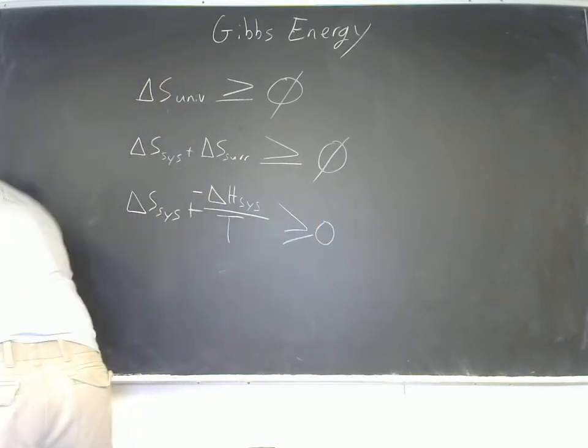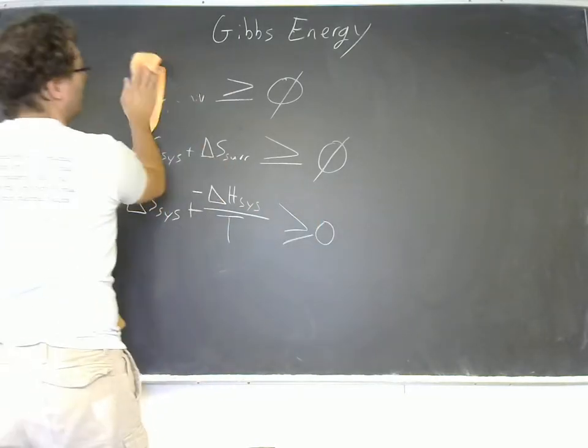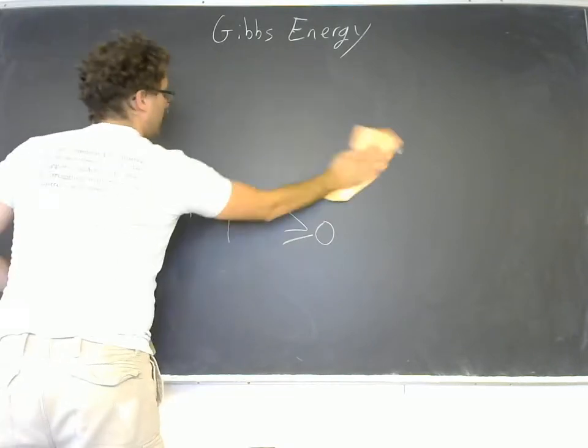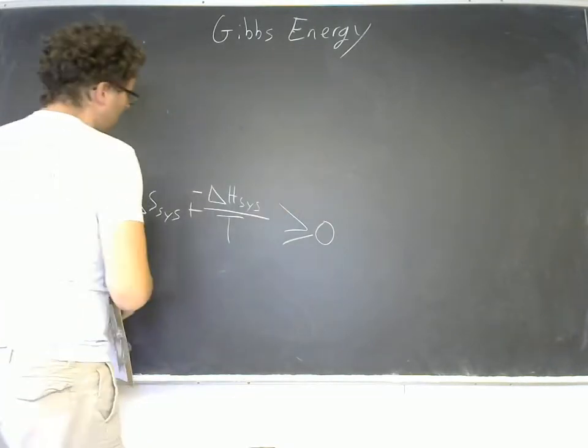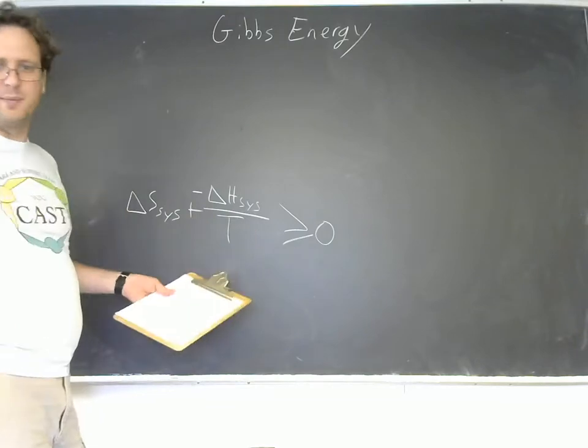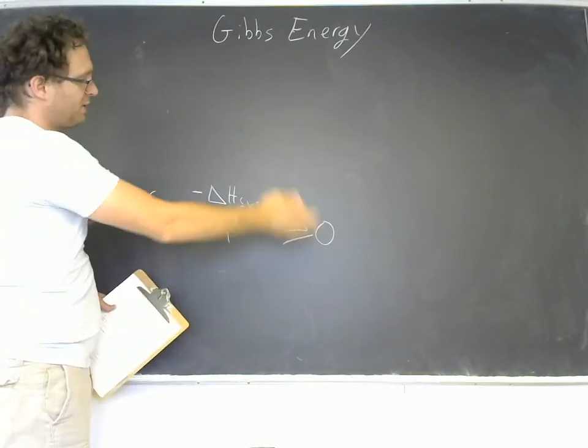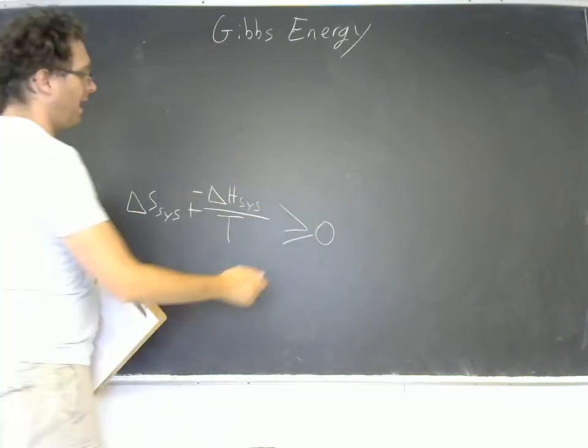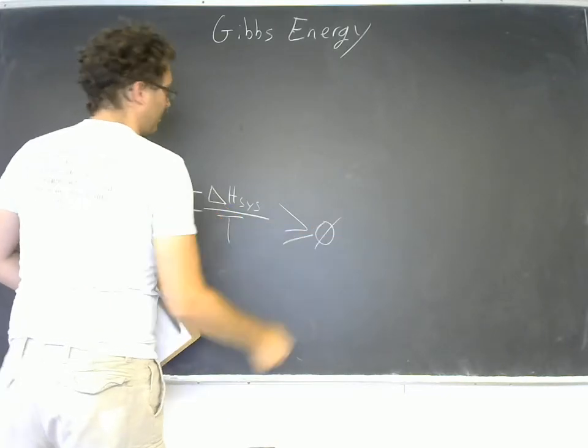Okay, so let's do one final thing. Let's get this T out of the denominator. We can multiply both sides by T, and of course on the right side multiplying by 0 does nothing.